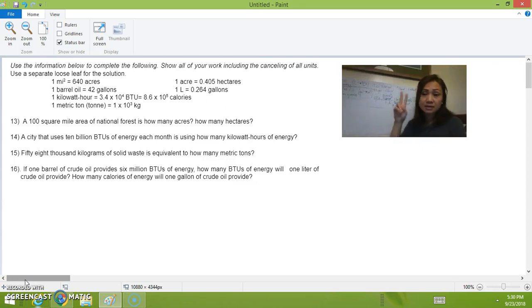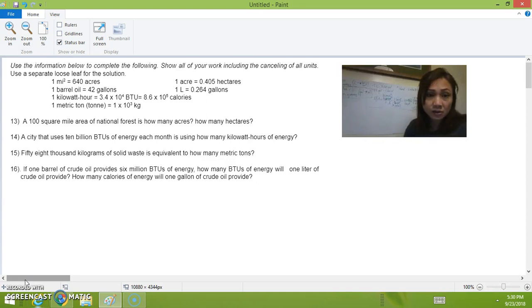Second step is write your beginning unit, which is gallon, and what unit do you need to end up in. In this case, you need to end up in calories. So I put gallon, arrow to calories. Third step. Write all the possible factors that you would need in solving this problem.